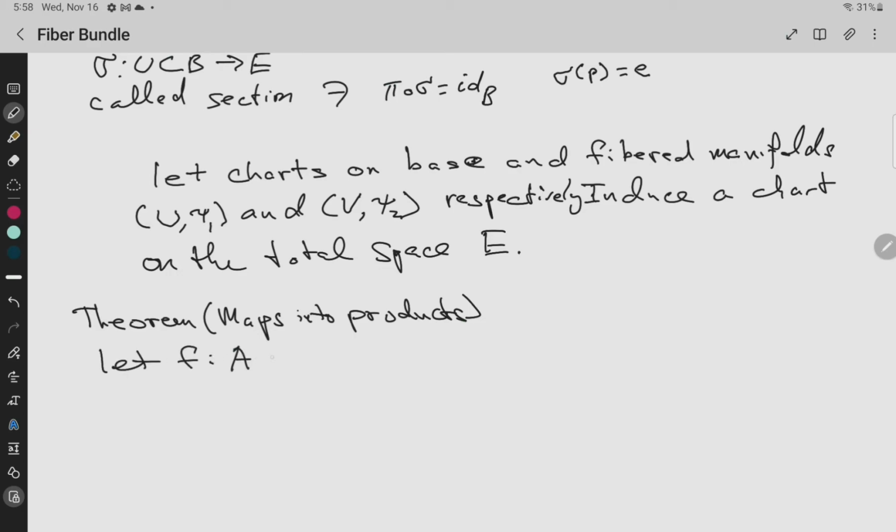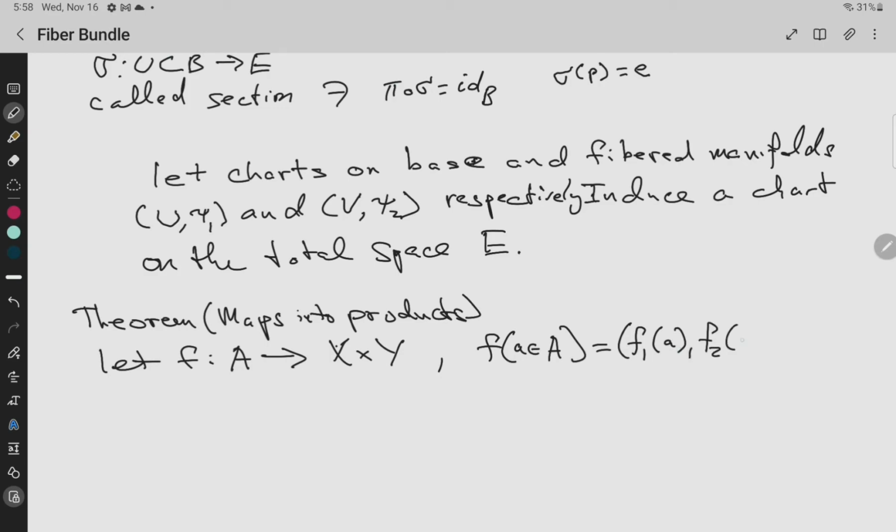Let f be a function that maps a region A into X Cartesian product Y, defined by f of a, where a is in A, equals f1 of a, f2 of a.